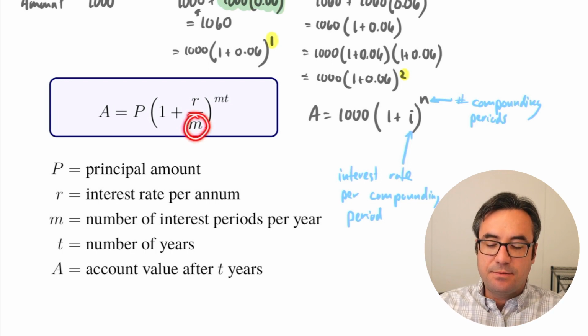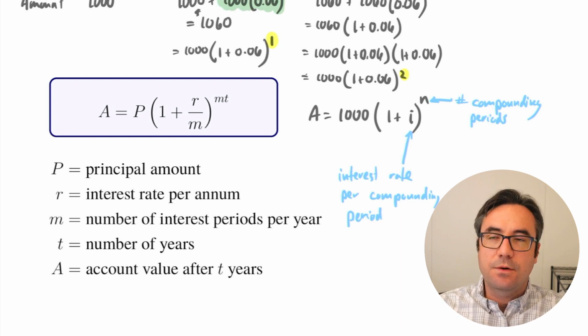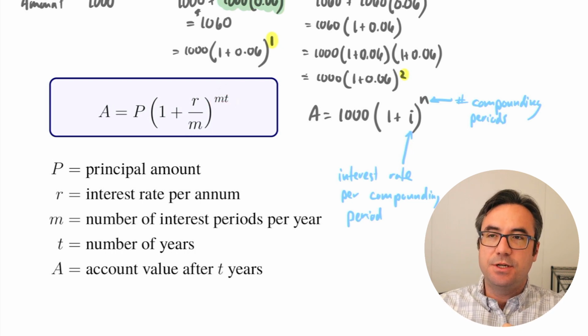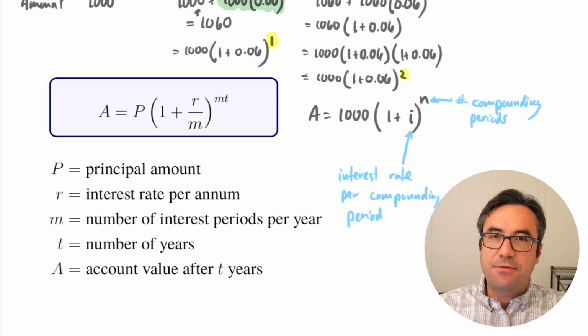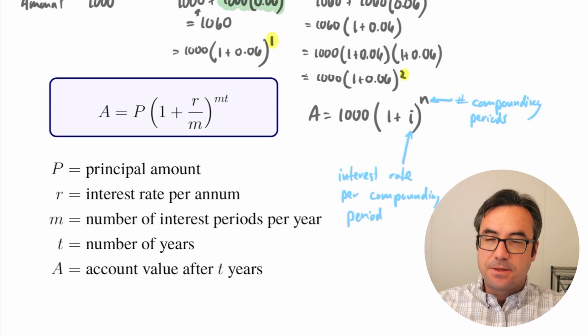Some common values for M here are going to be monthly, so 12, or quarterly, so 4, things like this. And then the exponent position, if we're not compounding per year, we have to make an adjustment there as well. It's going to be M times T. So let's look at this formula.